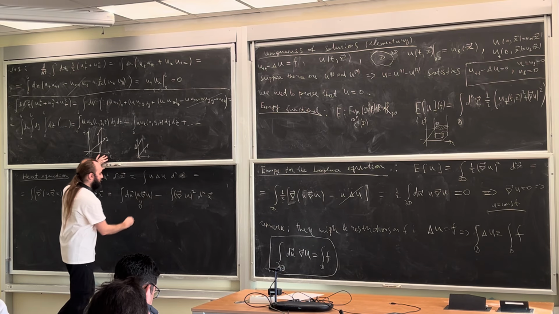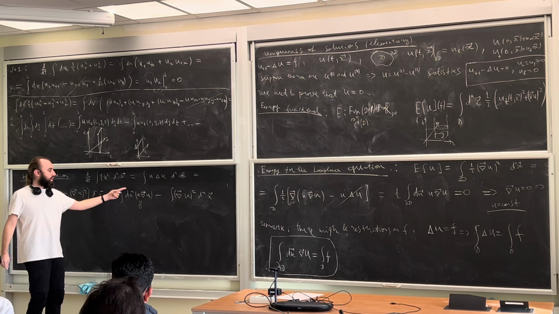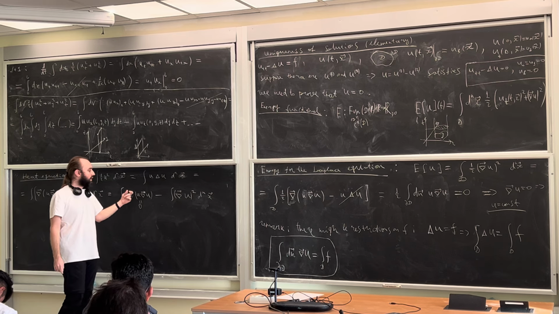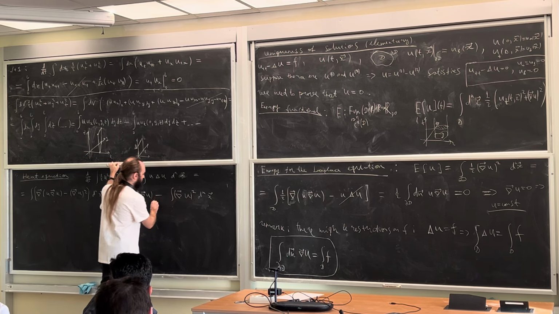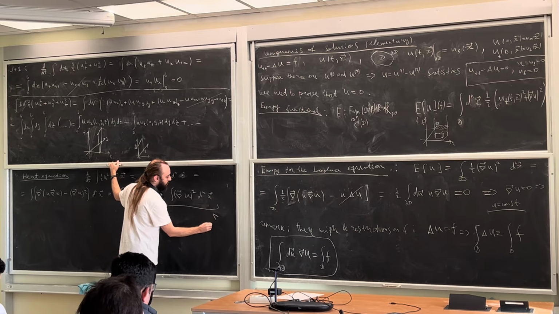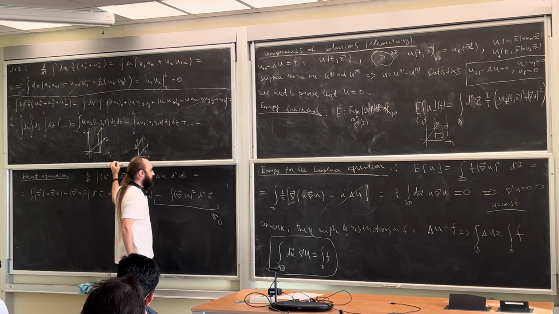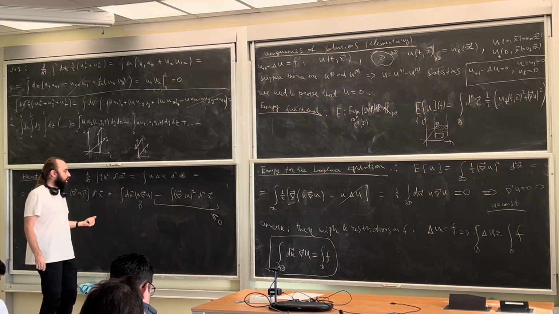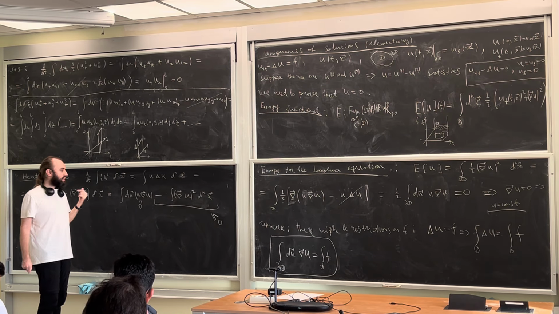This equals 0 because of boundary conditions, which are even directly Neumann. Doesn't matter. And this part is strictly less than 0, or less or equal to 0. Equality is achieved when u is constant.